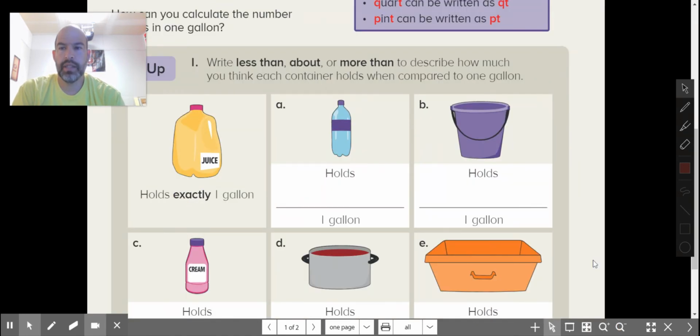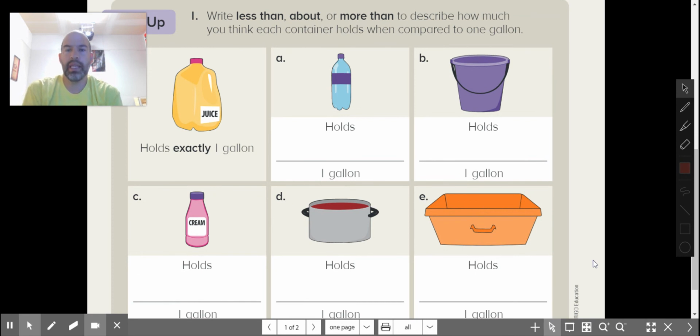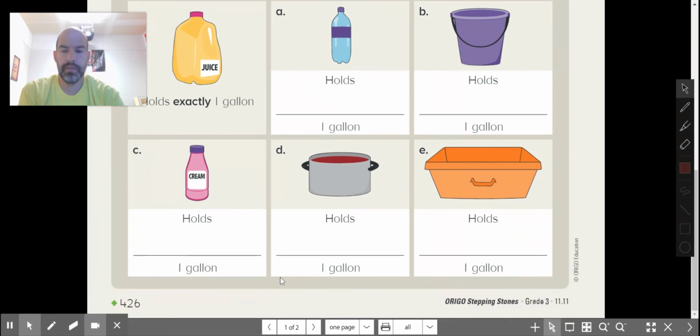So it says, write less than, about, or more than to describe how much you think each container holds when compared to 1 gallon. So here's the 1 gallon, and you're going to write one of these 3 labels for each of these items. Here is some more down below as well. So give that a shot.